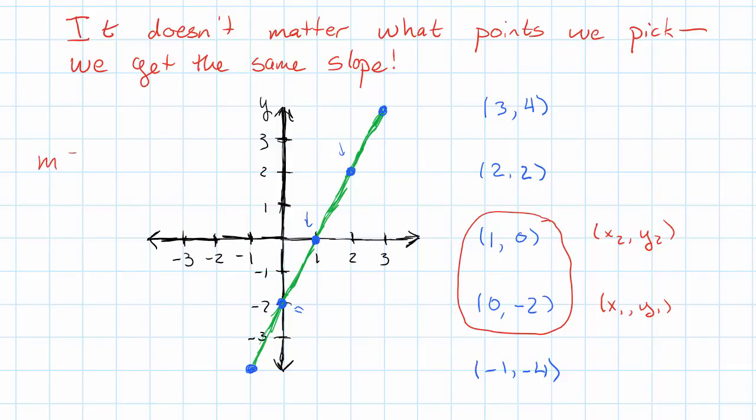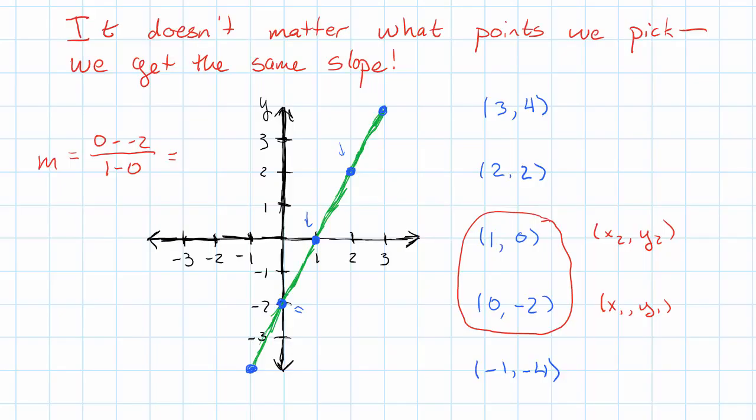So the slope is y2 minus y1, so that'll be 0 minus -2, over x2 minus x1, that'll be 1 minus 0.